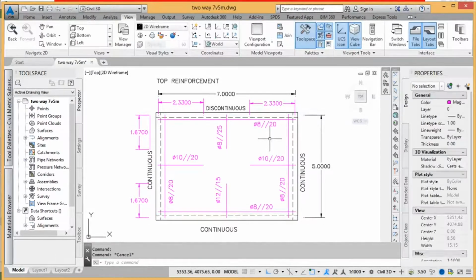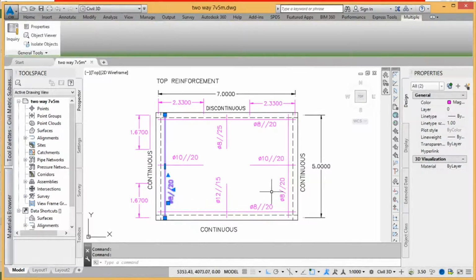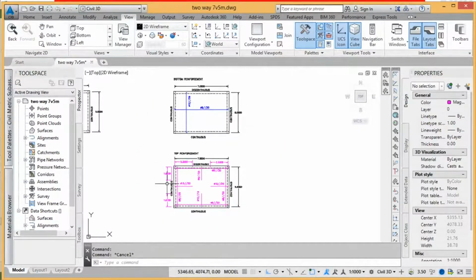In the longer span we do the same, distribution bars on this side 2.33 and 2.33. It will multiply these bars of 8 millimeters on 2.33. So this will be the detail of the reinforcement.